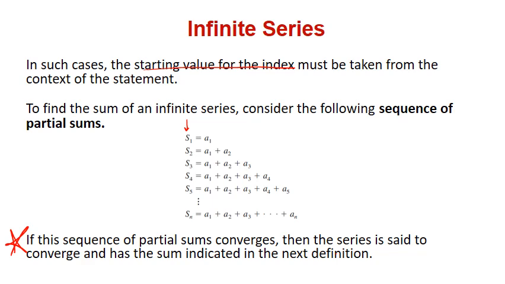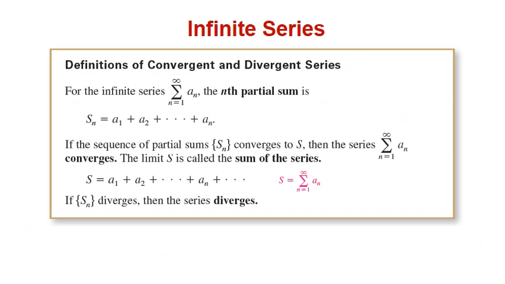It says if the sequence of partial sums converges, then the series converges. And it's indicated in the next definition. So here's a definition. This is the definition of convergent and divergent series.